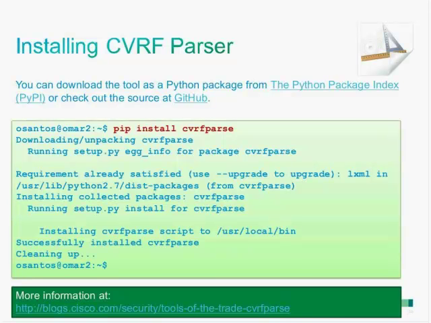It can be downloaded from the Python package index or checked out from GitHub. On this slide at the bottom, I have a link to a blog he published regarding this specific tool. Here I'm just showing how you can install the package with the pip command from the Python package index.